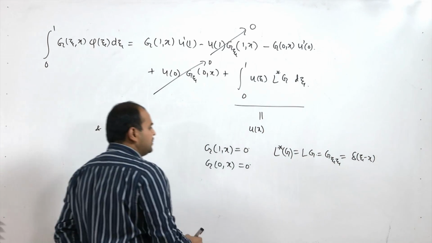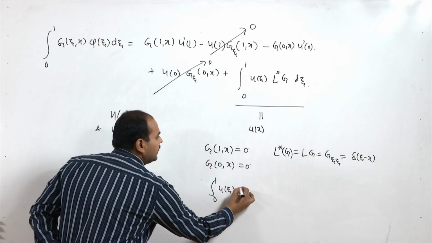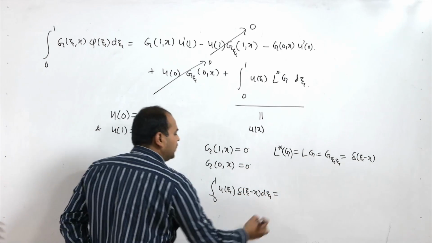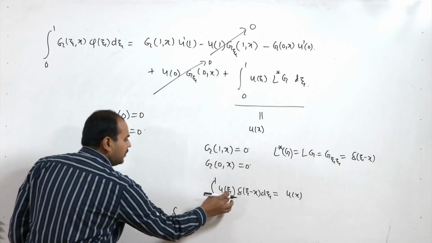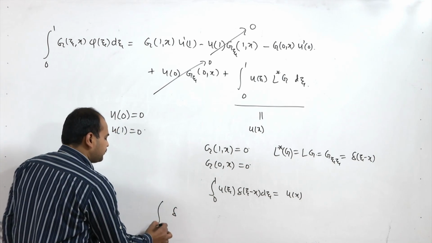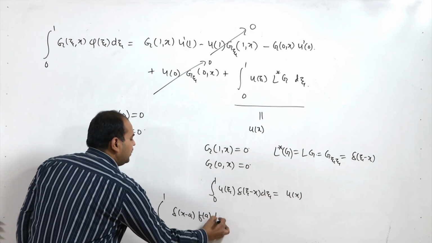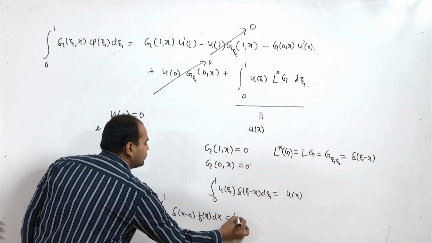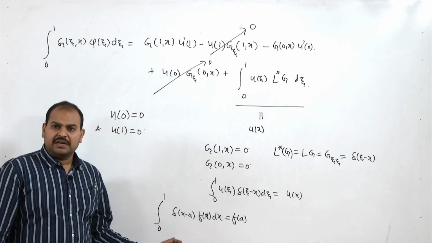If we assume this, then the integral from 0 to 1 of u(xi) delta(xi minus x) d xi is going to be u of x. This is the filtering property, that the integral from 0 to 1 of delta(x minus a) f(x) dx is going to be f(a).